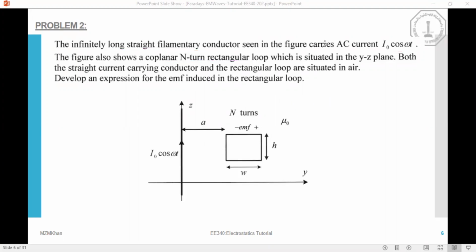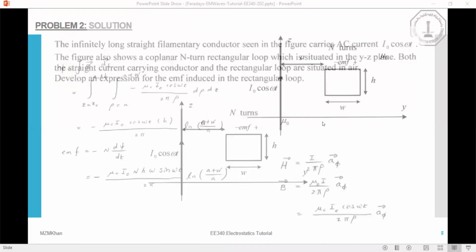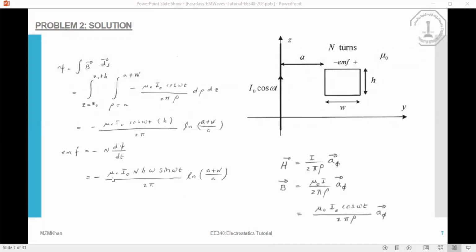So how are we going to approach this? Our objective is to find the EMF. To find the EMF, first we need to know where our external magnetic field is, and who is developing it. In the previous example, the external magnetic field was already given to you, but in this example it is not given.